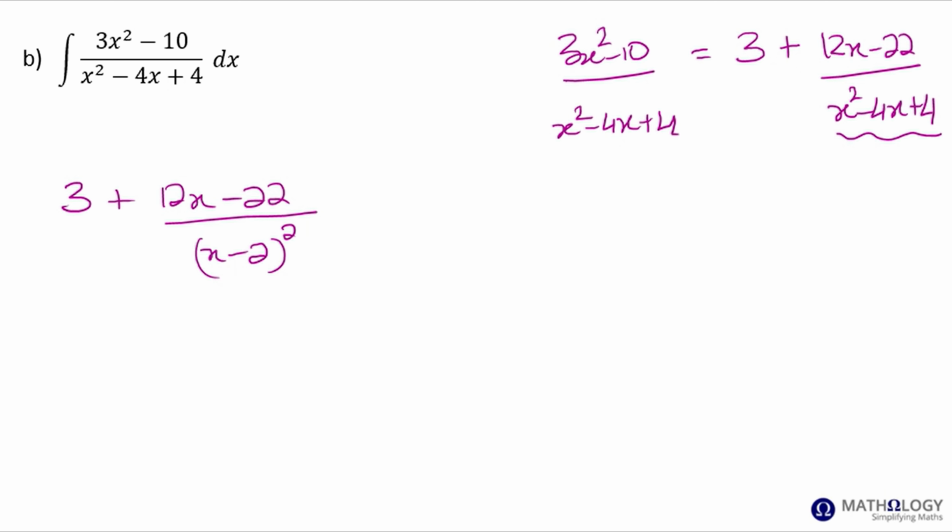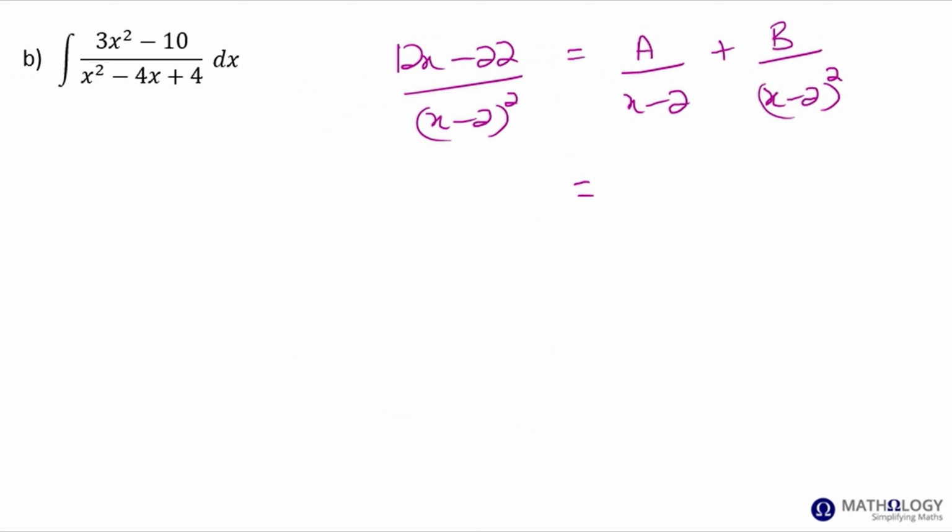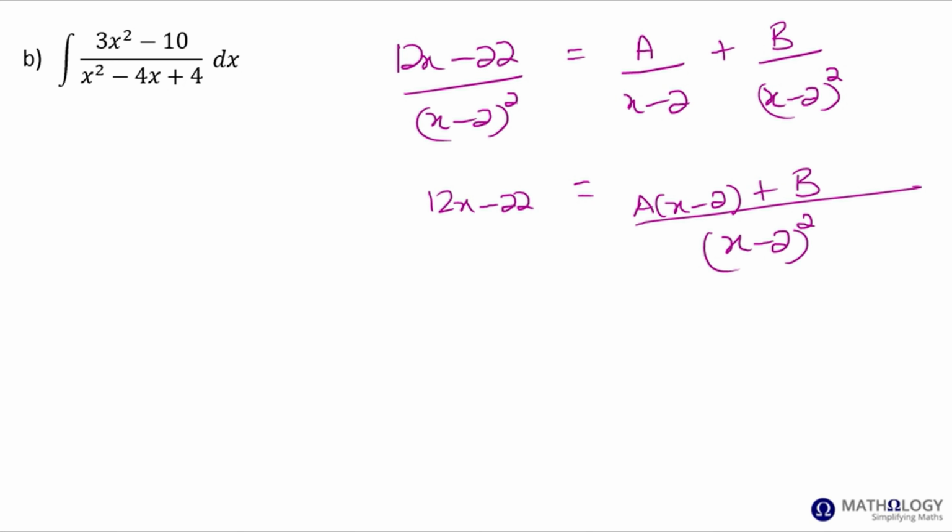So 12x minus 22 over x minus 2 all squared will be a over x minus 2 plus b over x minus 2 all squared. Okay, so getting a lowest common denominator on the right, x minus 2 all squared, at the top we have a times x minus 2 plus b, and that equals 12x minus 22 over x minus 2 squared.